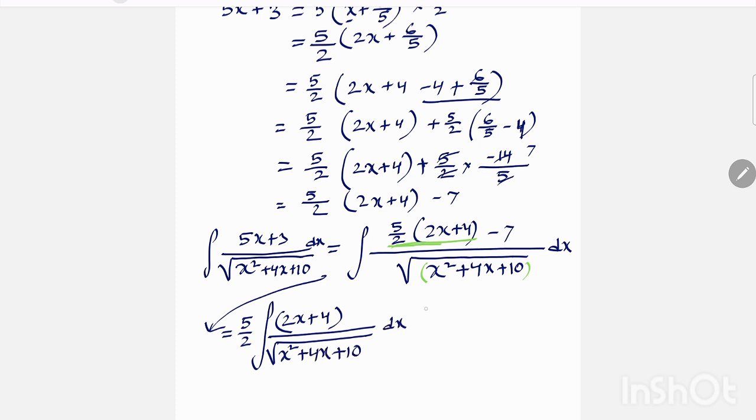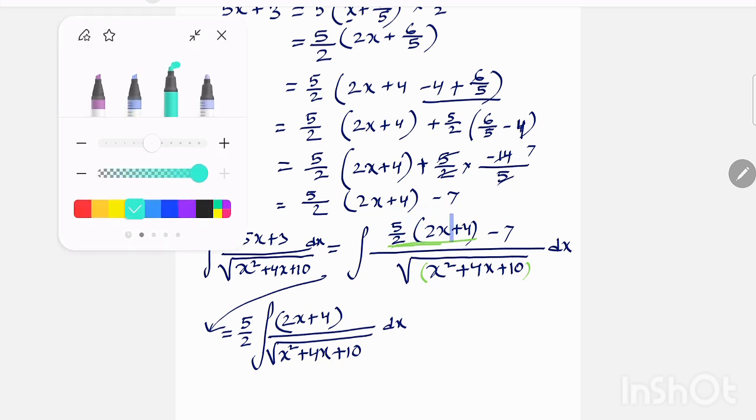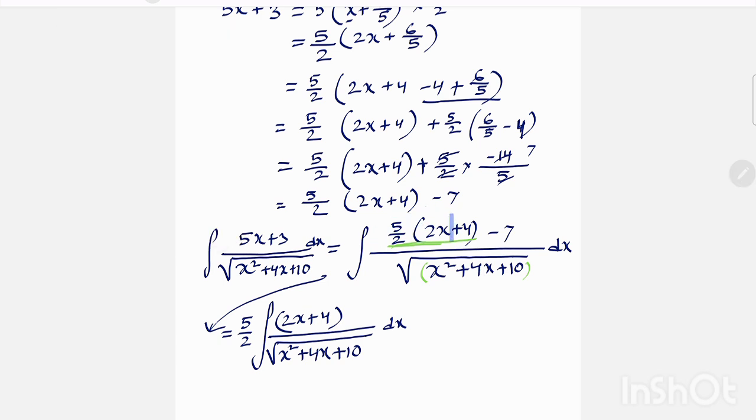I can write like this because this is one expression and this is another expression.